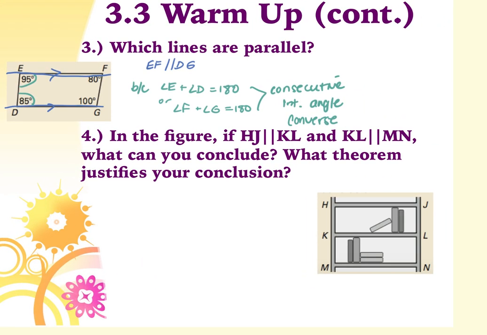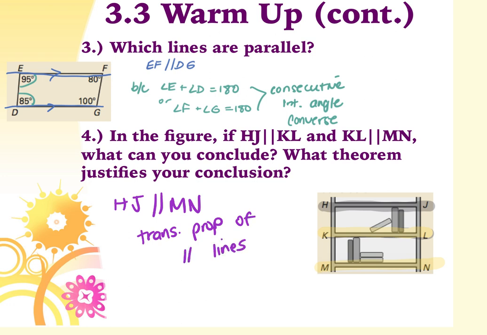All right, 4 says in the figure HJ is parallel to KL and KL is parallel to MN. What can you conclude, Sophia? HJ is parallel to MN. And how do you know that? Because of the transitive property of parallel lines. Good.